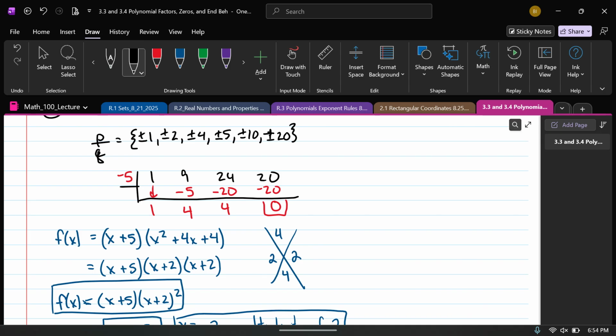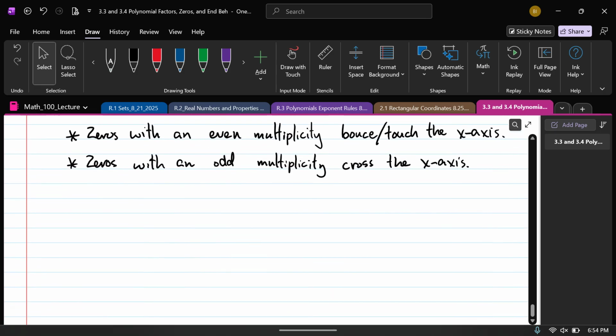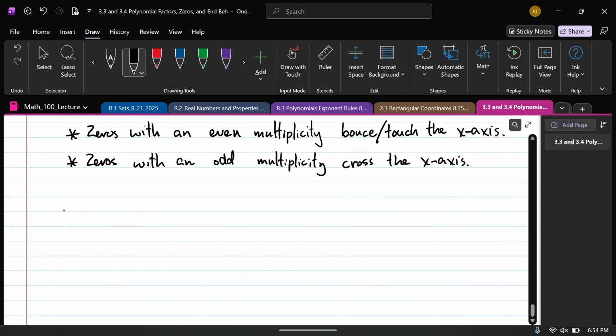All right, let's look at another example. Okay, we're getting close here. We've got 8 more examples. All right, here's our polynomial.